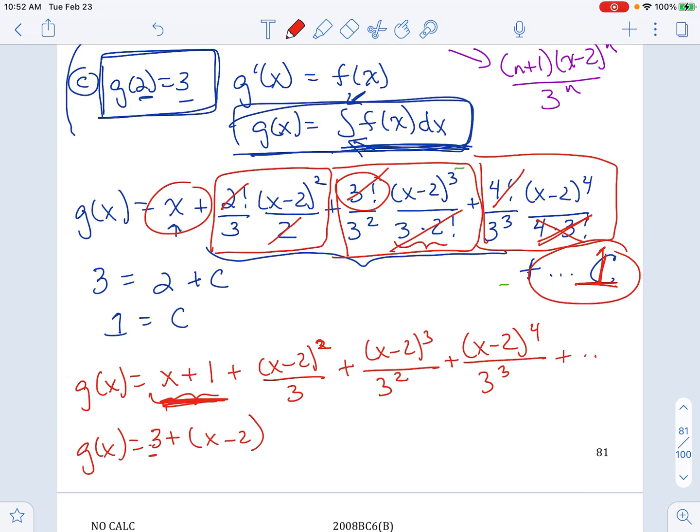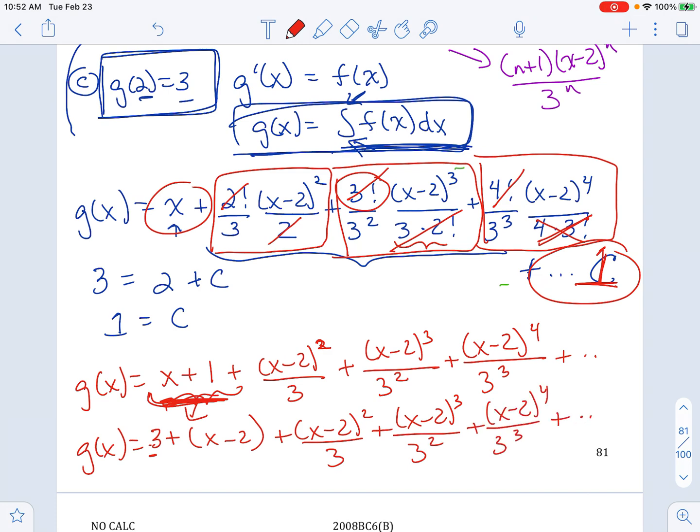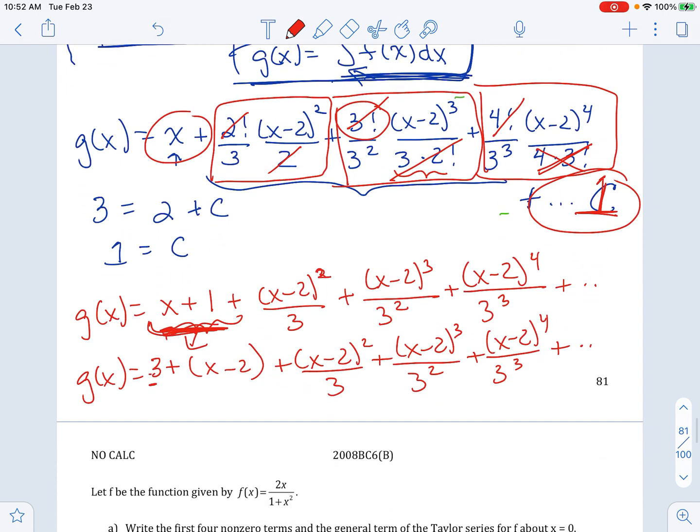And isn't that what they told us in the original problem, that g of 2 is 3? So this can be rewritten in this form, and everything else can stay as is. Now it should be much easier to write that general term. Notice you have an x minus 2 to a power, and the power on the x minus 2 is always less than the power on the 3. So there's my general term.